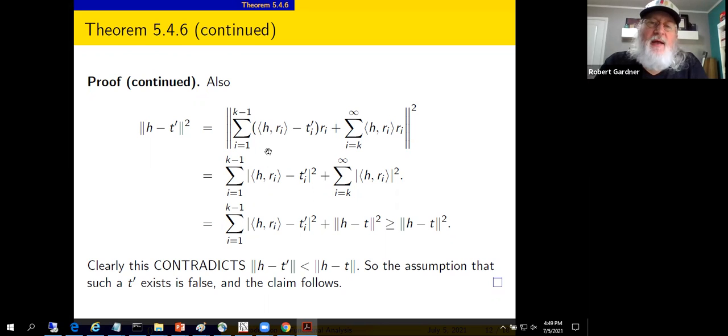All right, so we've got common terms between H and T prime for R1, R2, up through R sub k minus 1. After that, there are no terms related to the T prime, but there are plenty of terms related to H. So here's the terms for the H vector, taking the difference and collecting together the first k minus 1 orthonormal basis vectors produces this sum here.